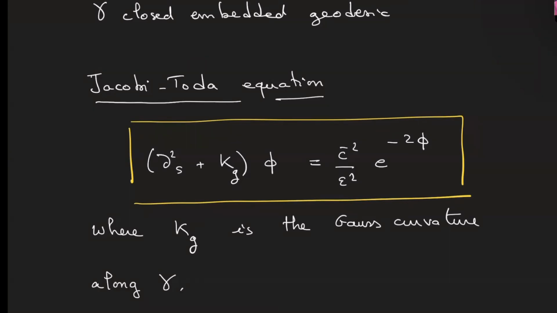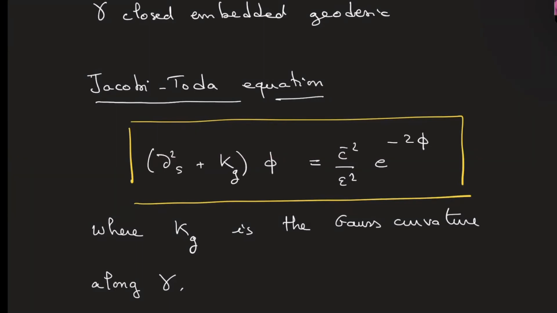And it turns out also that the term of the Ricci curvature is nothing but the Gauss curvature of your surface. And here, since I have an embedded closed geodesic, I have parameterized the geodesic by arc length, so the derivative with respect to s is just the derivative with respect to arc length along my geodesic. So the question is, can you find a solution of this ODE, now, when epsilon is small?